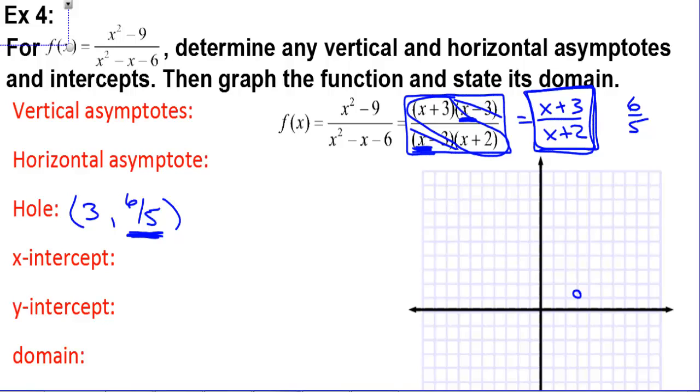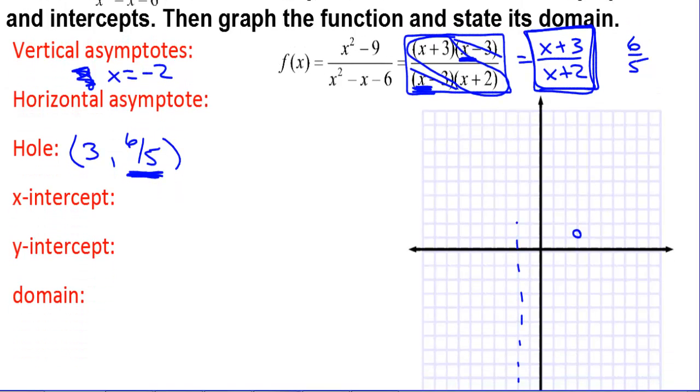Vertical asymptote, that's what makes the denominator 0. So we have x equals negative 2 right there. Horizontal asymptotes, that's a comparison of the powers. They're the same, so we have a horizontal asymptote at y equals 1. So that hole is just above the horizontal asymptote.